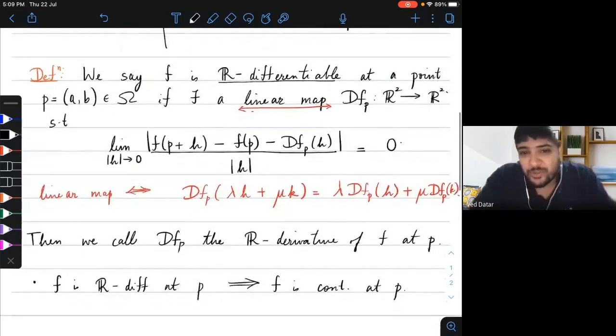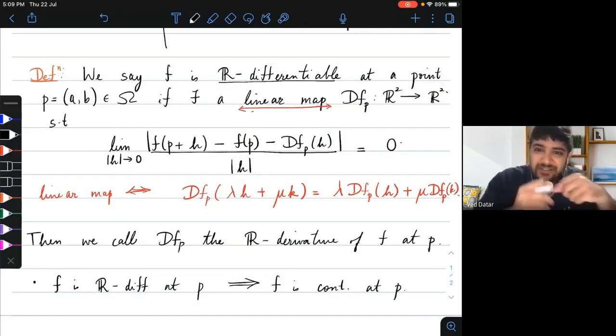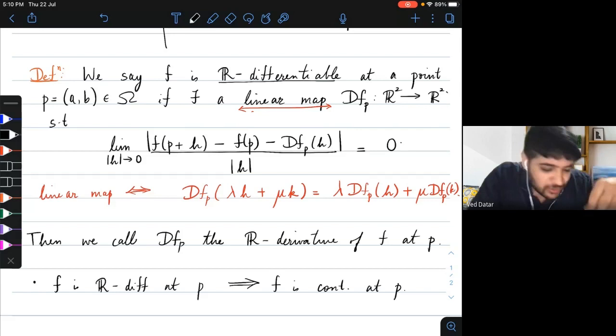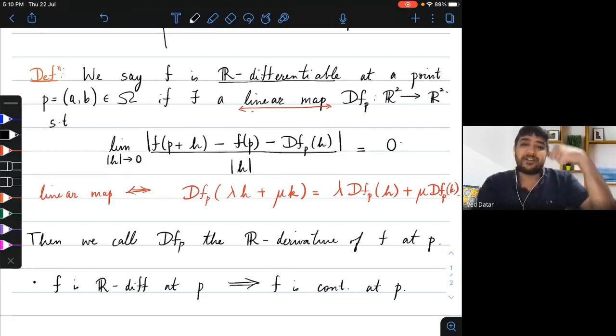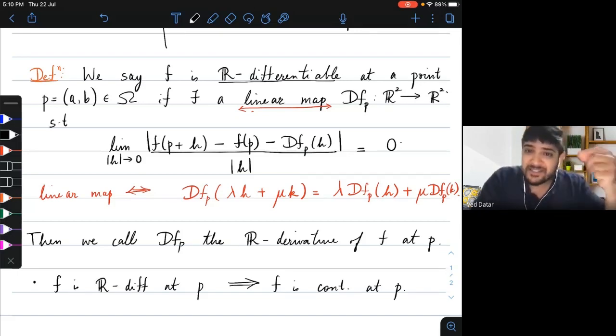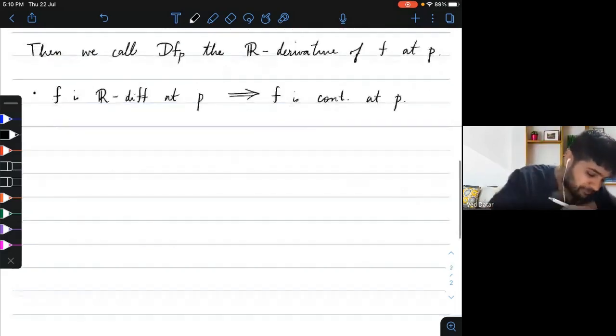Now, you know that there is a correspondence between linear maps and matrices. This is a linear map from R2 to R2, so there'll be a corresponding 2 by 2 matrix, but this correspondence only exists when you choose a particular basis for your vector space.